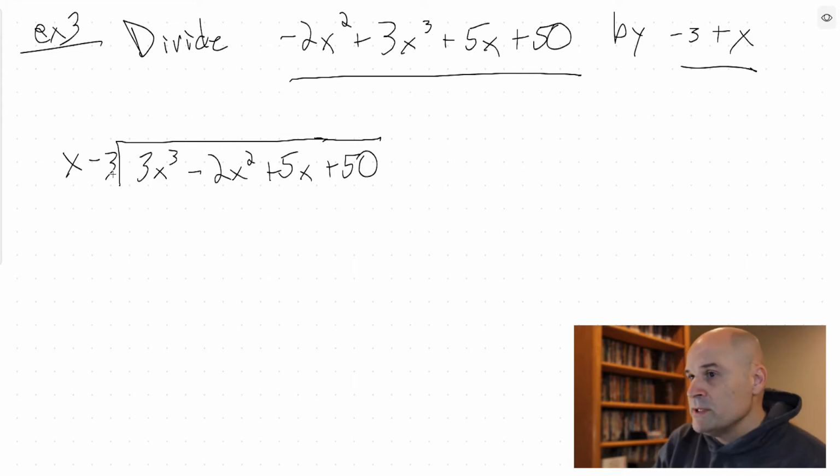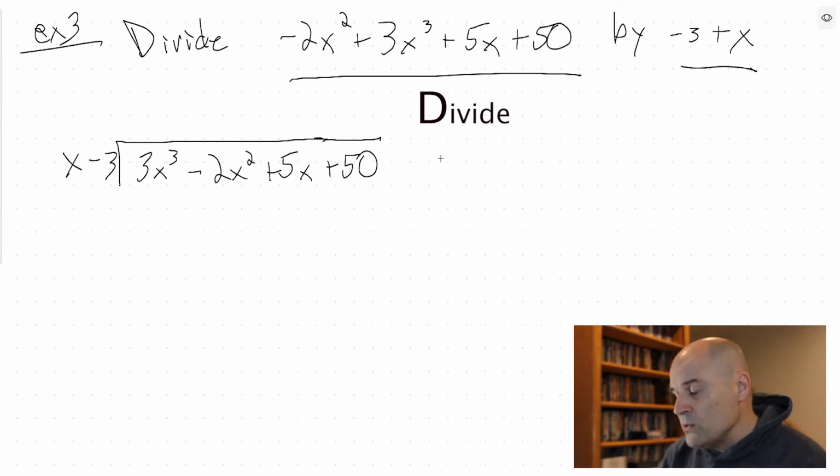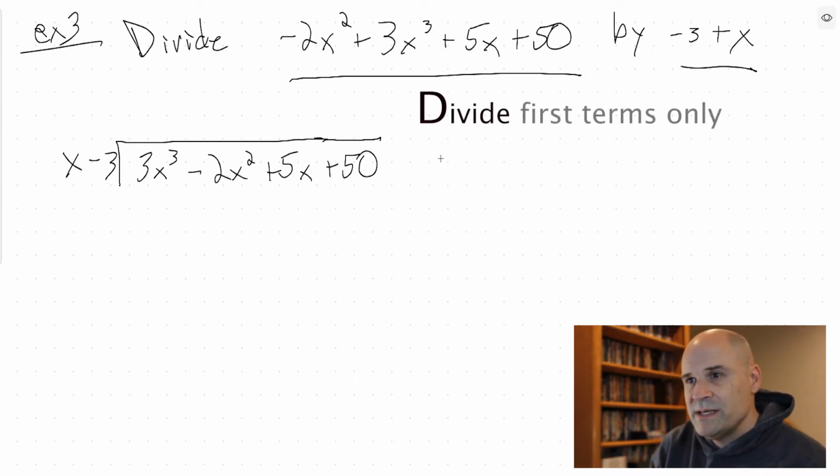All right. So now we're going to still follow these rules. We're going to go dirty monkey smell bad. So D stands for divide. What you're doing is you're only dividing the first term. So technically you want to divide this binomial by this binomial, but we can just ignore that second term of that binomial and ignore that second term of this binomial.